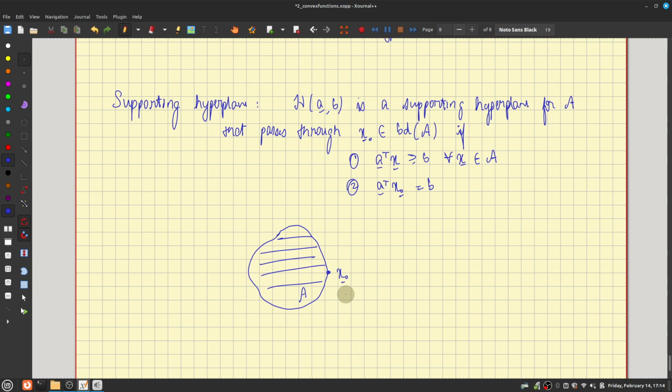It's basically going to be a line that is tangential to the set A. Right, so this is a supporting hyperplane, but this is not a supporting hyperplane.